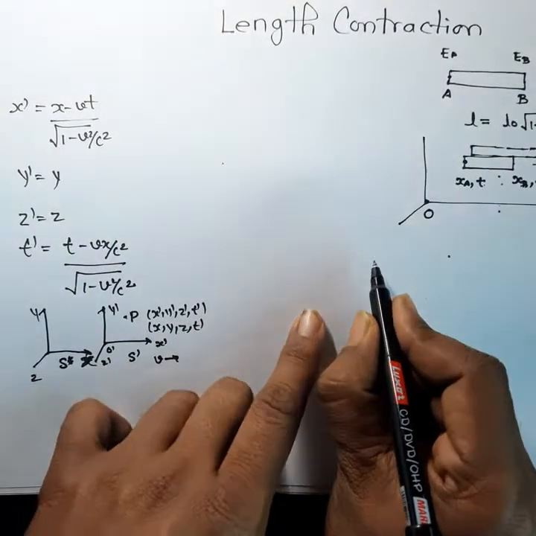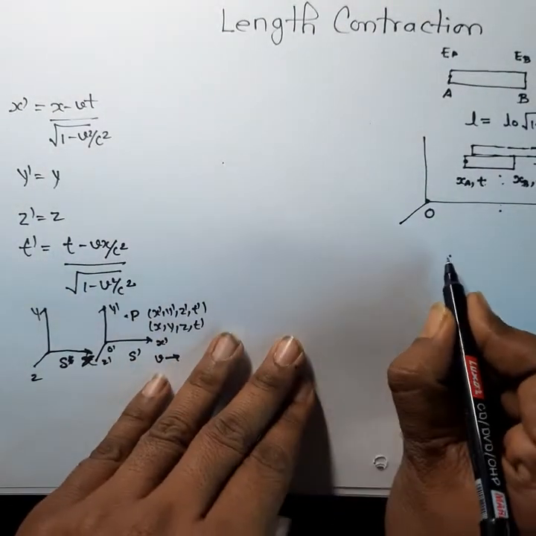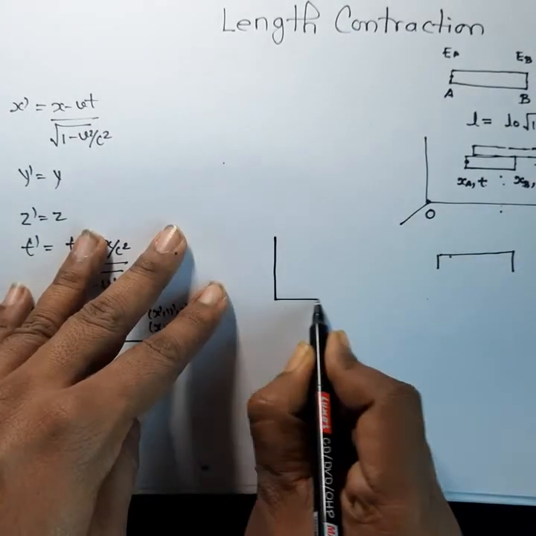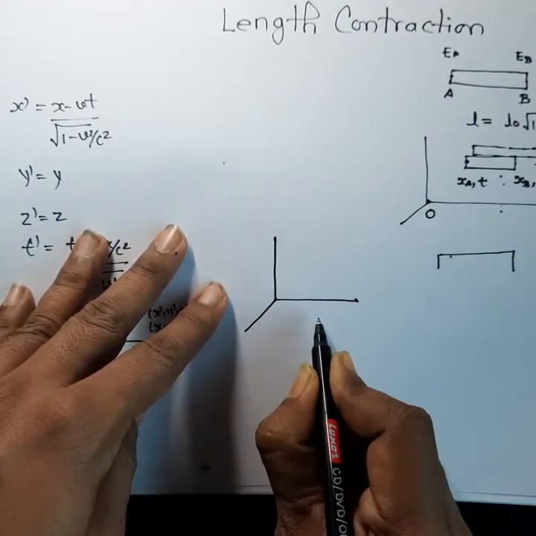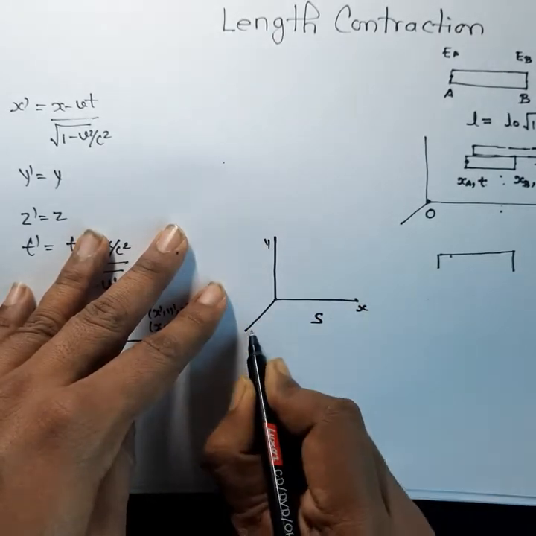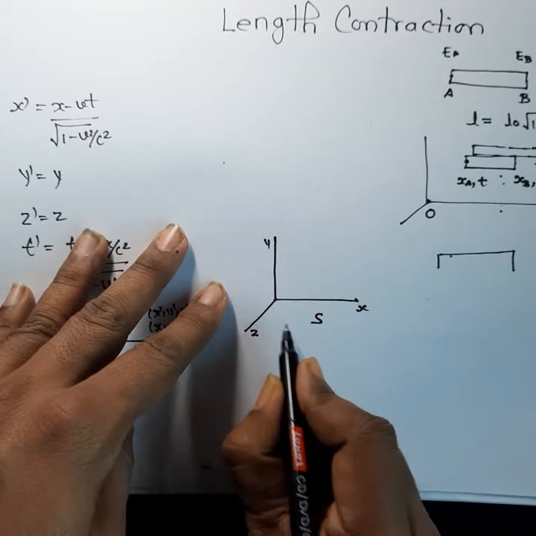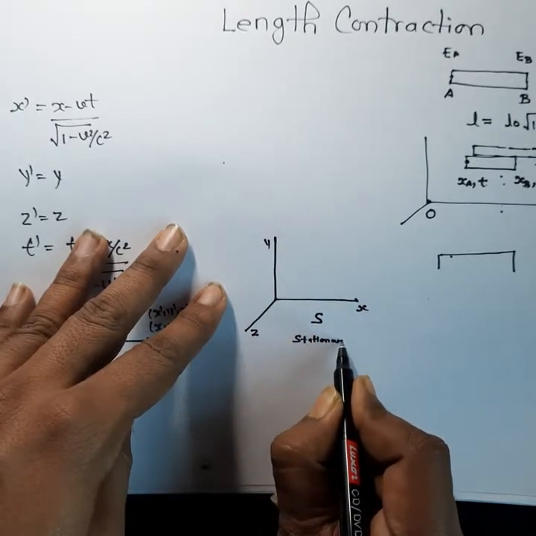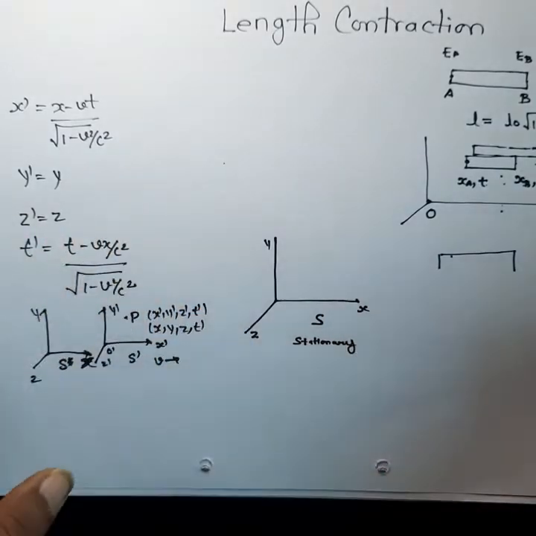For this, we will again take two frames of reference. Suppose this rod is moving. Let's suppose it is S frame of reference and x, y, z are its axes, and this is stationary.